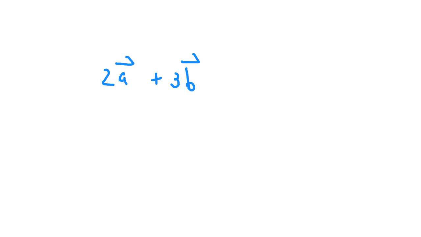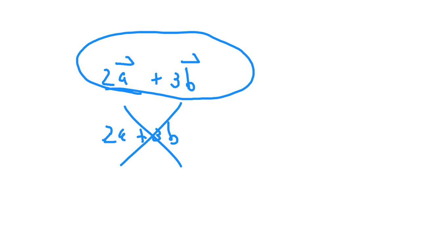You don't write 2a plus 3b plainly if a and b are vectors. You have to use that vector notation, because otherwise I won't know that a and b are vectors, right? And it can get very, very confusing.